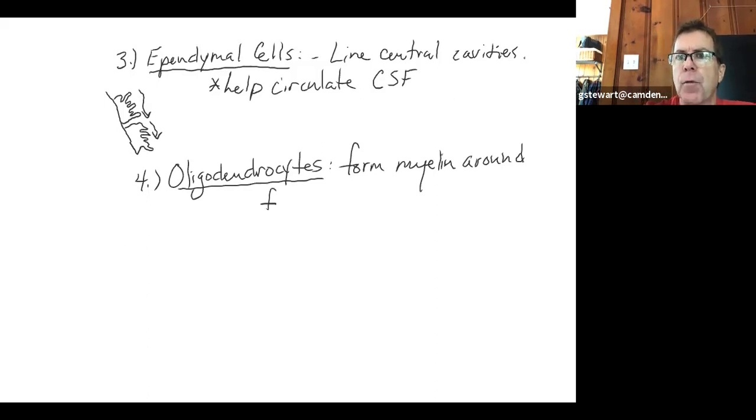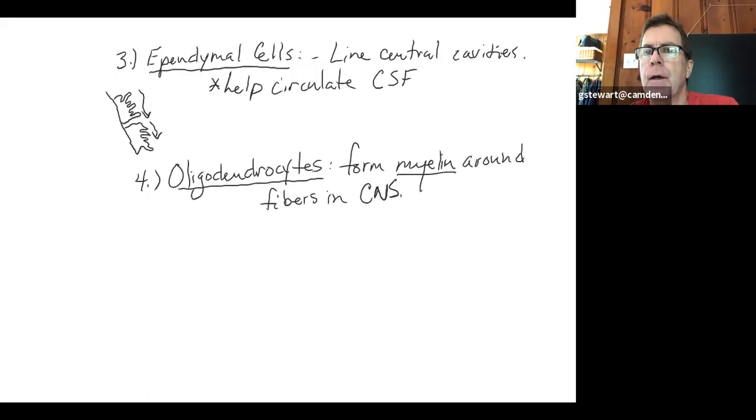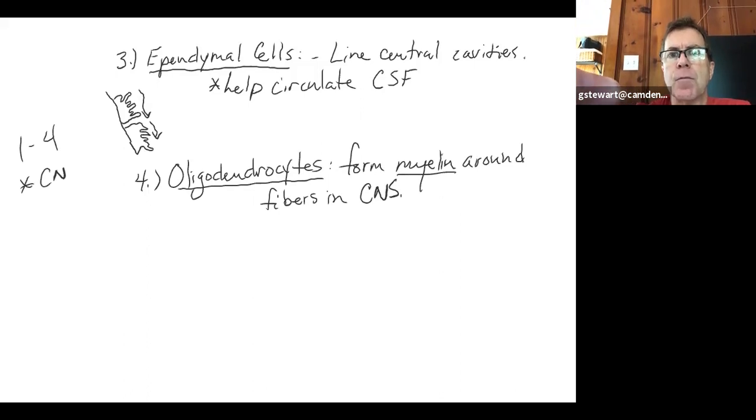I'm just going to put around fibers in central nervous system. Okay, these all 1 through 4, remember, are central nervous system cells, neuroglial cells.